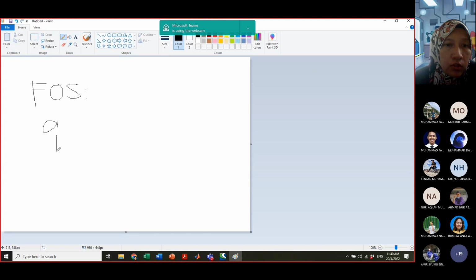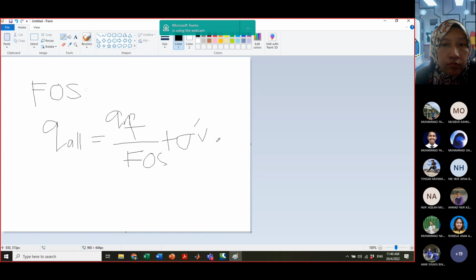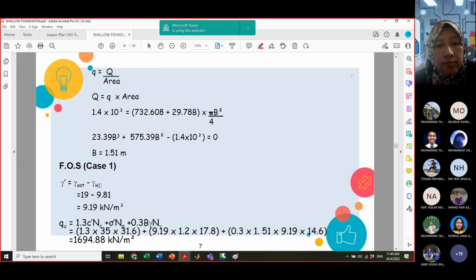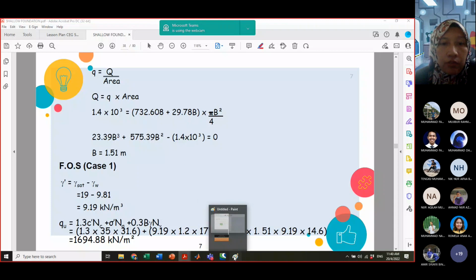Okay, kalau kita tahu Q allowable ataupun safe bearing pressure is equal to Q net bahagi dengan FOS plus dengan overburden pressure. So the next question asks you what is the FOS. So I give you 10 minutes to calculate and give me the answer.